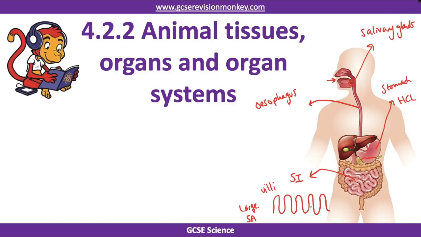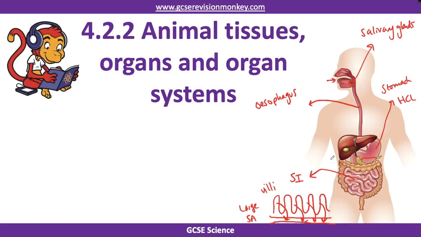So these folds in the small intestine, these villi have a close network of capillaries next to them as well. So there'll be capillaries nearby and wrapping around so that small molecules can move out of the villi into the bloodstream, things like glucose and amino acids.